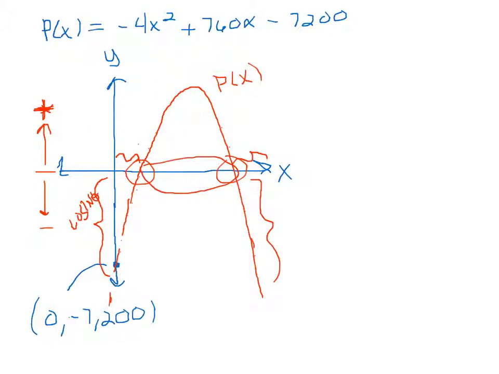Of course, everything above this line is implied to be profit being made. We know the y-intercept is negative, so if the company doesn't sell anything, they're losing $7,200, I don't know, every second, every minute, every hour, every day. They didn't give us that either. But that's where we can go with this problem.